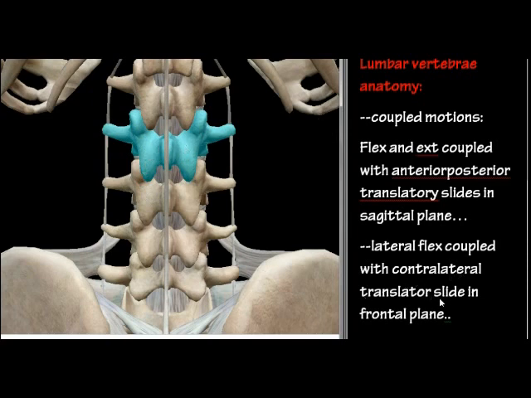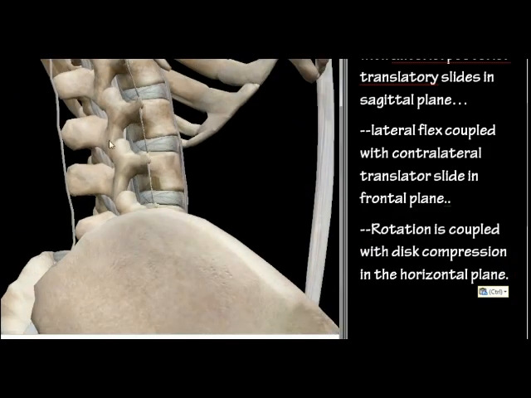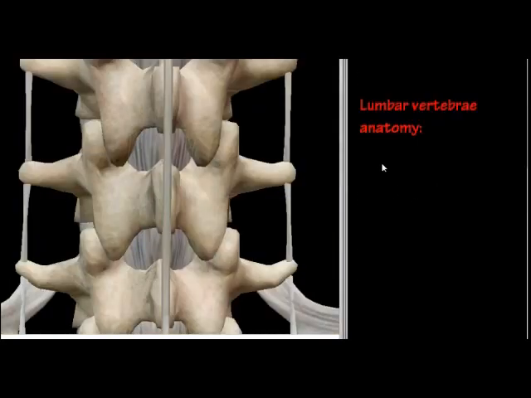The rotation is coupled with the compression in the horizontal plane. The rotation movement which occurs causes the disc to compress in the horizontal plane. Next, we move on to the ligaments.